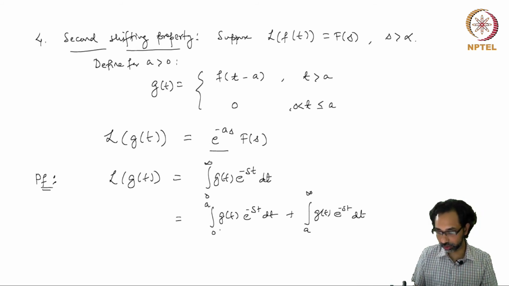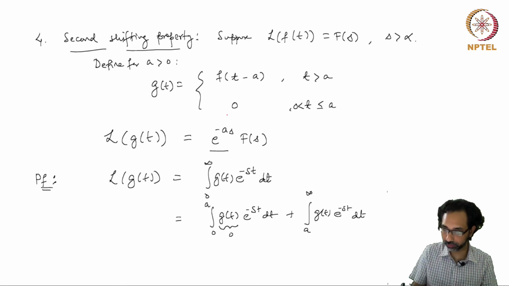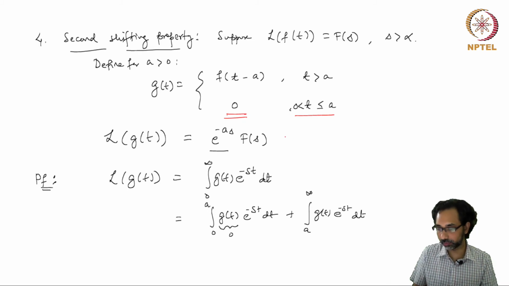Now in this region 0 to a, g(t) is simply 0. This is by definition. For t in between 0 and a, this is simply 0. So we are only left with the second integral.